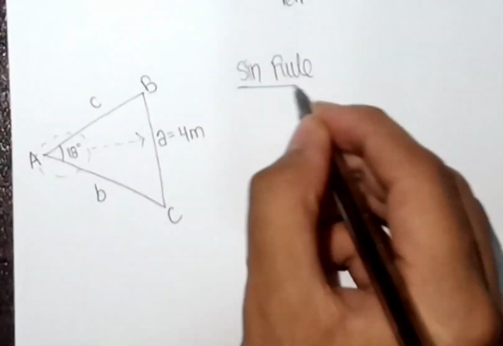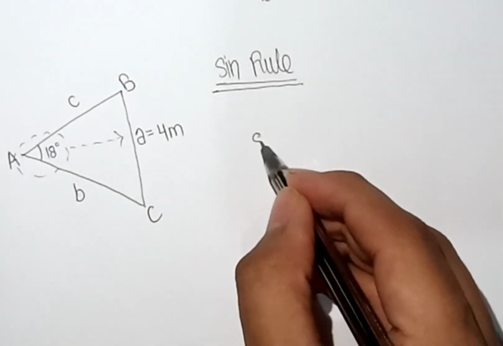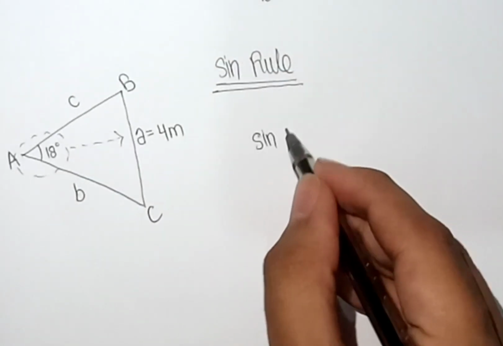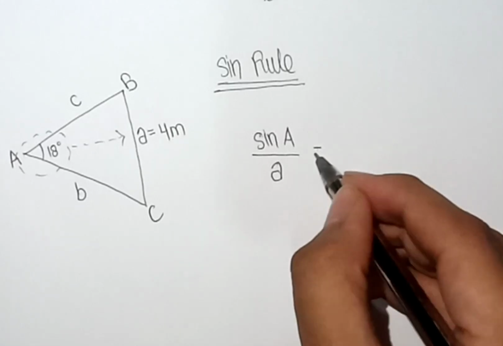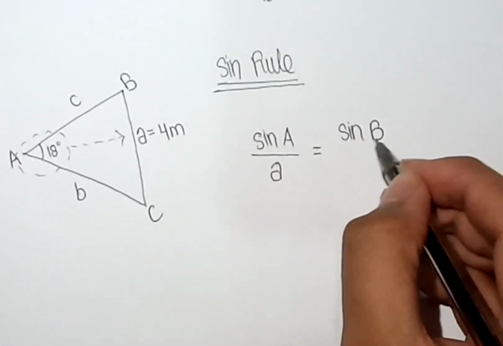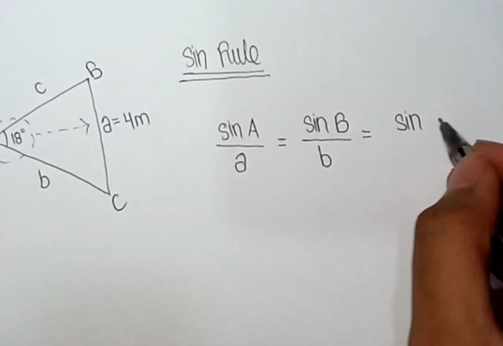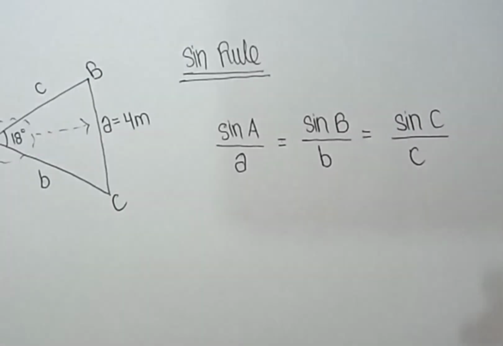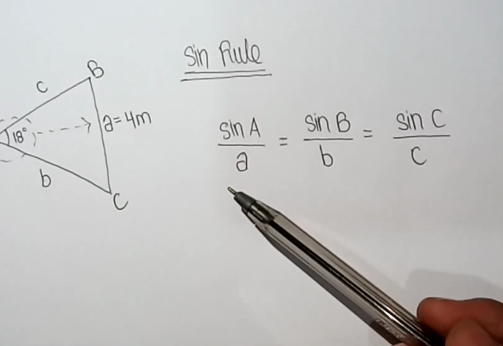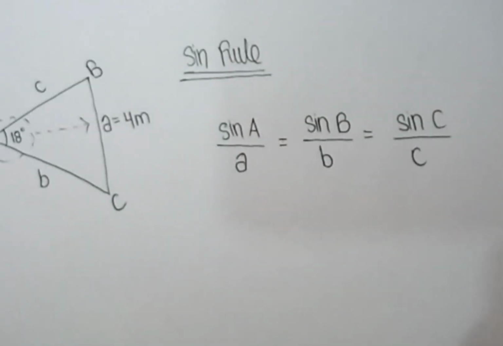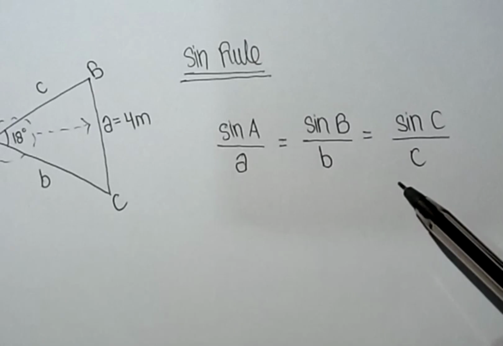Here the sine rule acts. What is the sine rule? Sine A upon A is equal to sine B upon B is equal to sine C upon C. Wherever the angle is given, the opposite side is written below it; if you write it the other way up, no problem, the solution is the same.